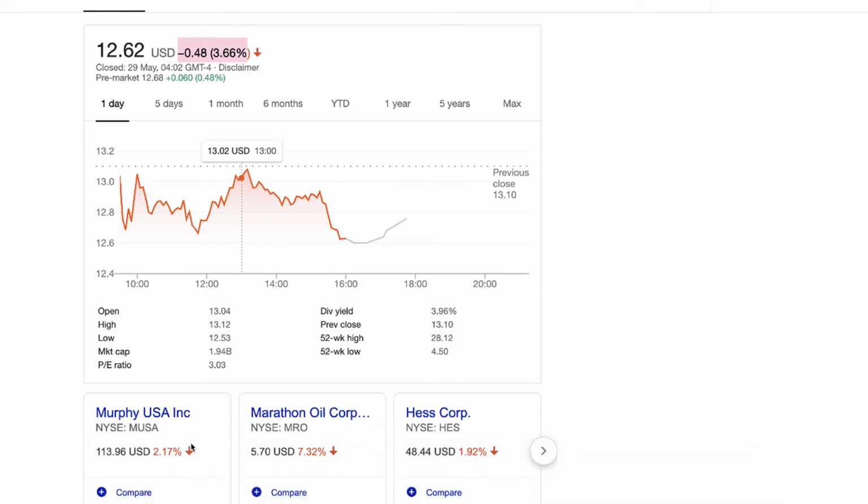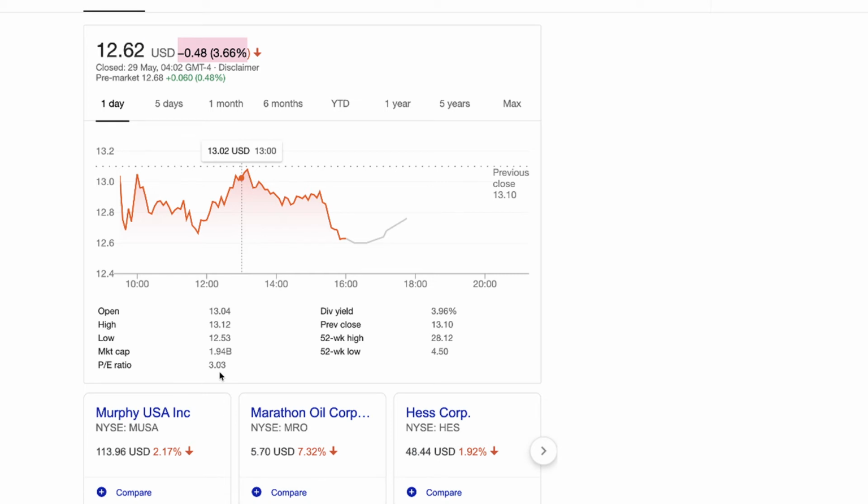Below that we have the price to earnings ratio. The price to earnings ratio for this company is 3.03, and this ratio is used for valuing a company, and it measures its current share price relative to its earnings per share. A high price to earnings ratio could mean that the stock price is relatively high to earnings and is potentially overvalued, whereas a low price to earnings ratio might indicate that the current stock price is low relative to earnings.